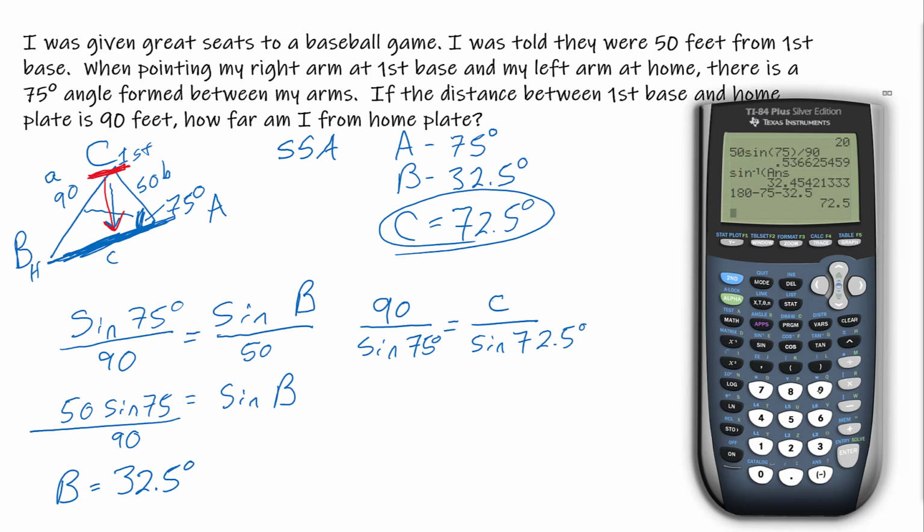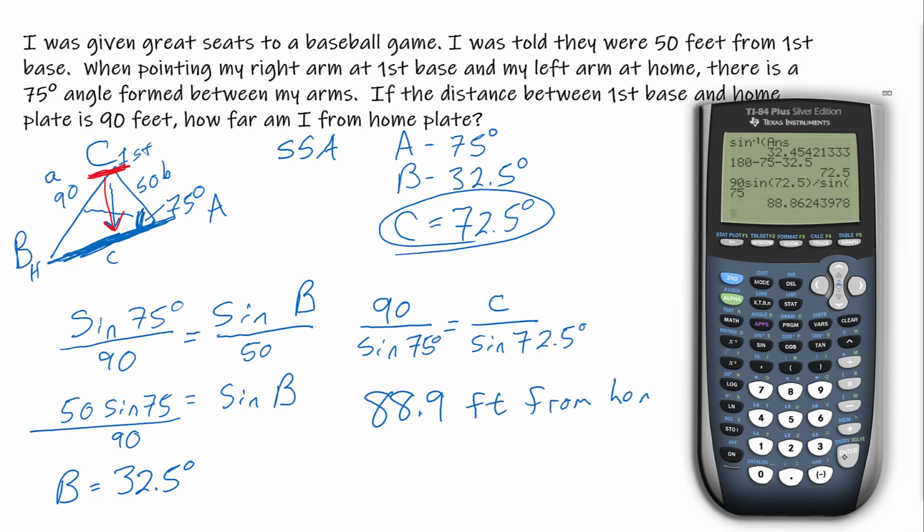And so if we do 90 sine 72.5, close parentheses, divided by sine of 75, we get that our seats are 88.9 feet from home plate. So it's almost an isosceles triangle there.